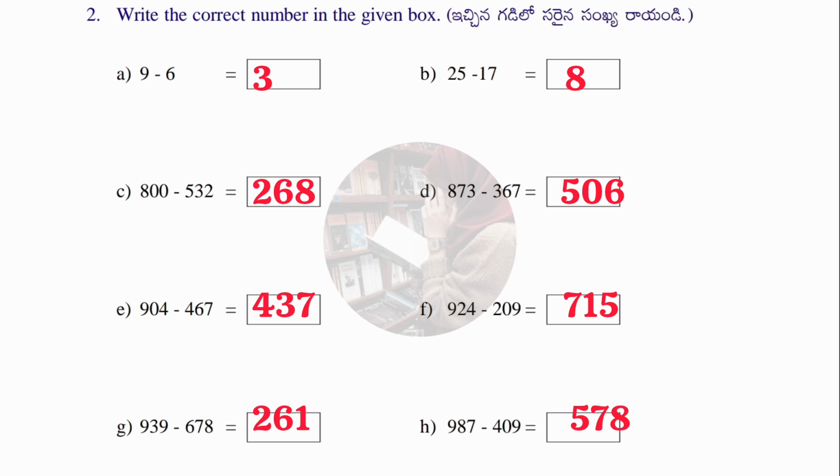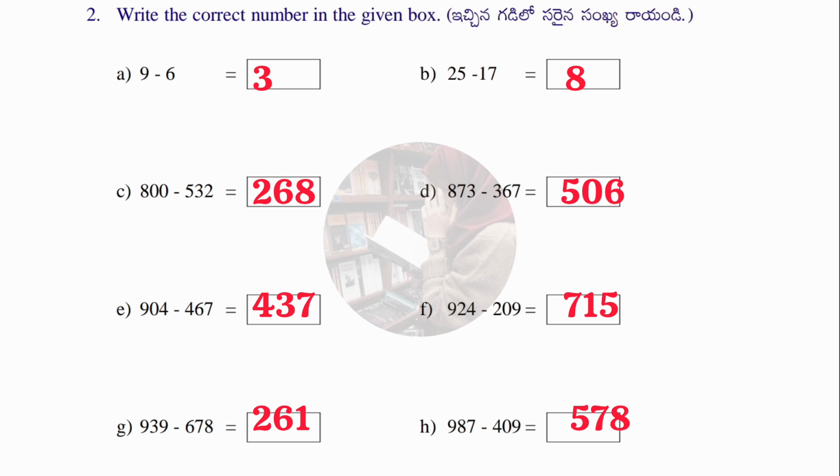Let's see. First, 9 minus 6 is 3. Okay, next, the second one, 25 minus 17 is 8. Next, 800 minus 532 is 268. Next, 873 minus 367 is 506. Next one, 904 minus 467 is 437.